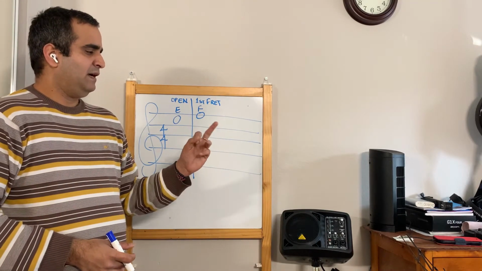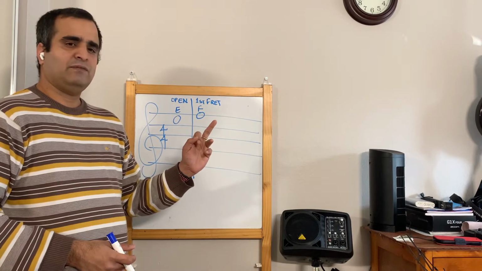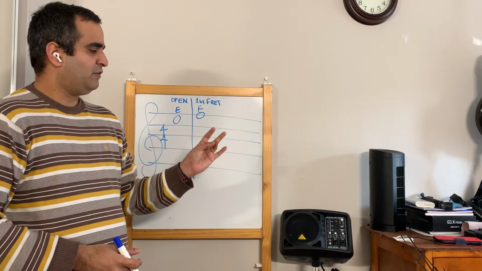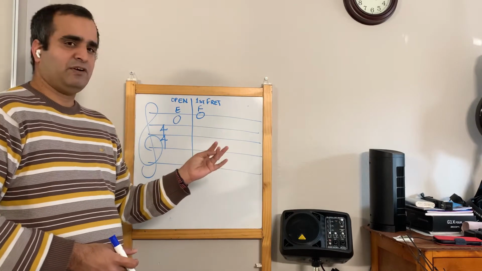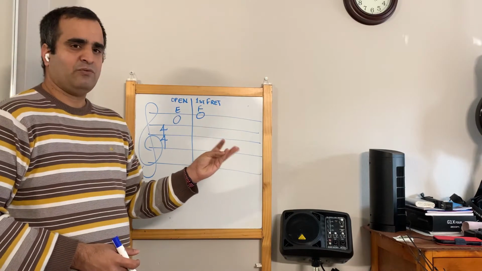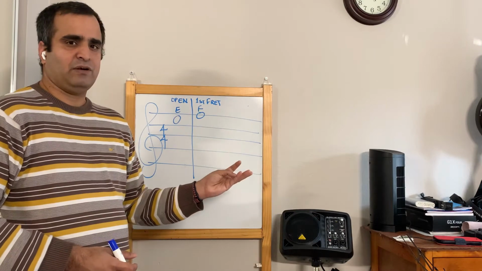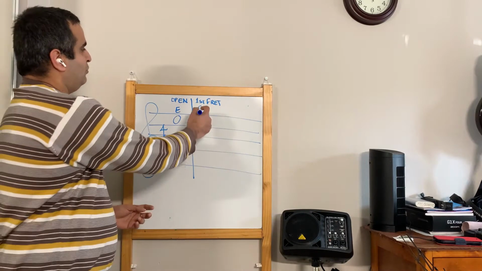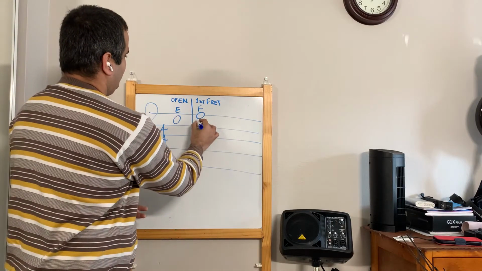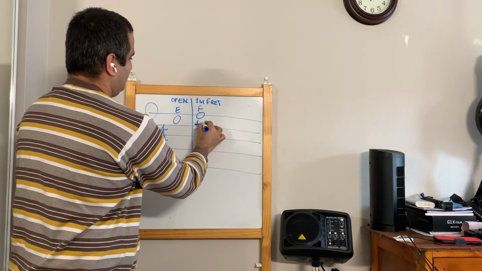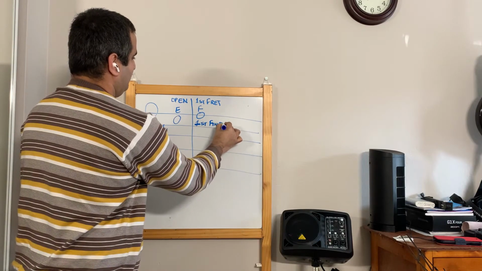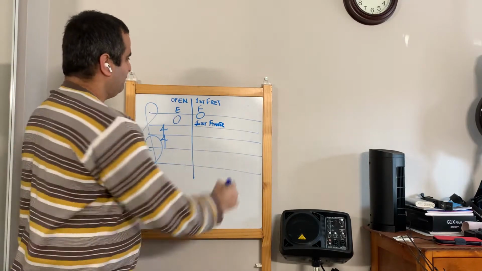This middle finger is called the second finger, and my ring finger is the third finger, and the smallest one, which is the pinky finger or the little finger, is called the 4th finger. So we press the first fret with our first finger, which is my index finger.